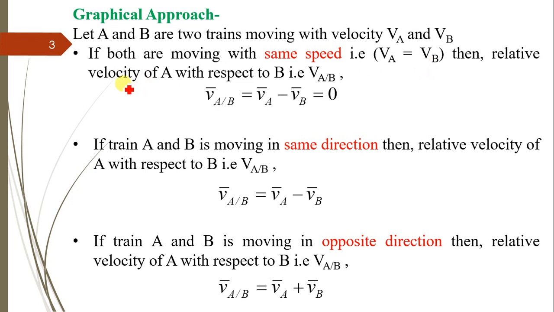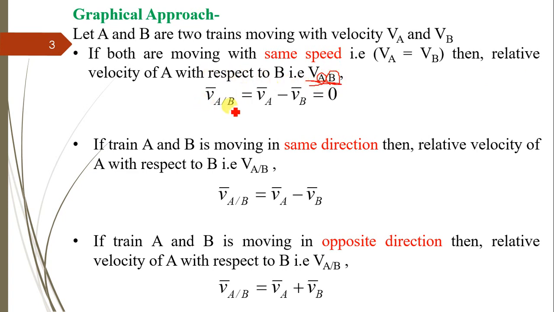Now the first condition, if both are moving with the same speed, that is VA is equal to VB, then the relative velocity of A with respect to B, that is V A/B. Now whenever we want to define the relative velocity, it is defined by using this type of symbol, that the first letter denotes the velocity of the object and the second letter denotes with respect to which object. So here the relative velocity of A, that is the first letter, is with respect to B, the second letter.